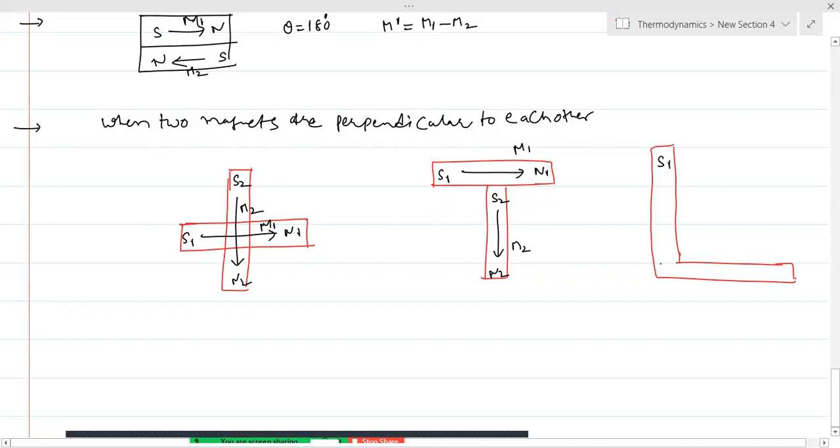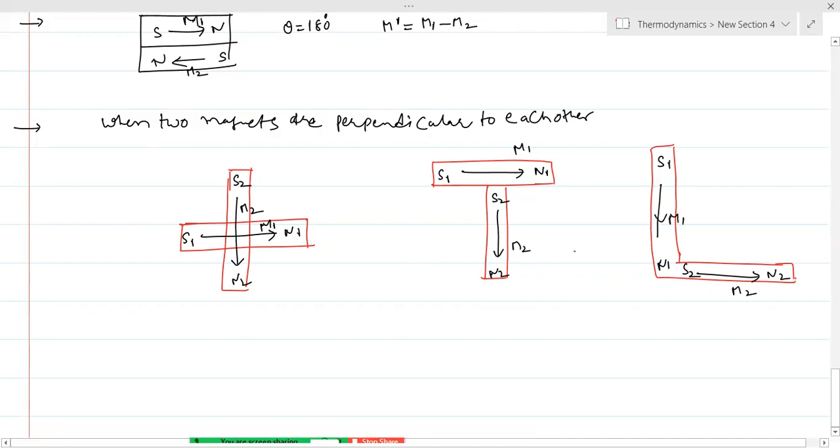This is S1 and this is N1, and this is S2 and this is N2. In this way this is the M2 direction and this is the M1 direction. In every possible case, they are perpendicular to each other.